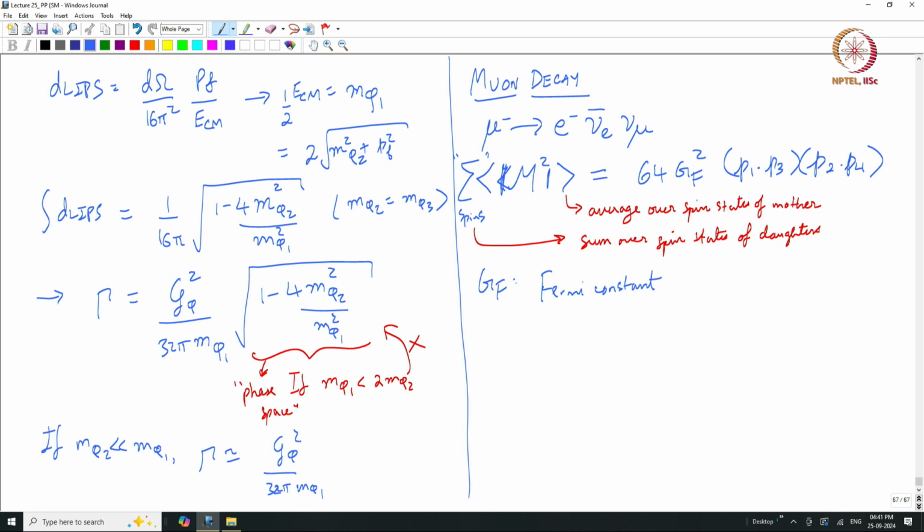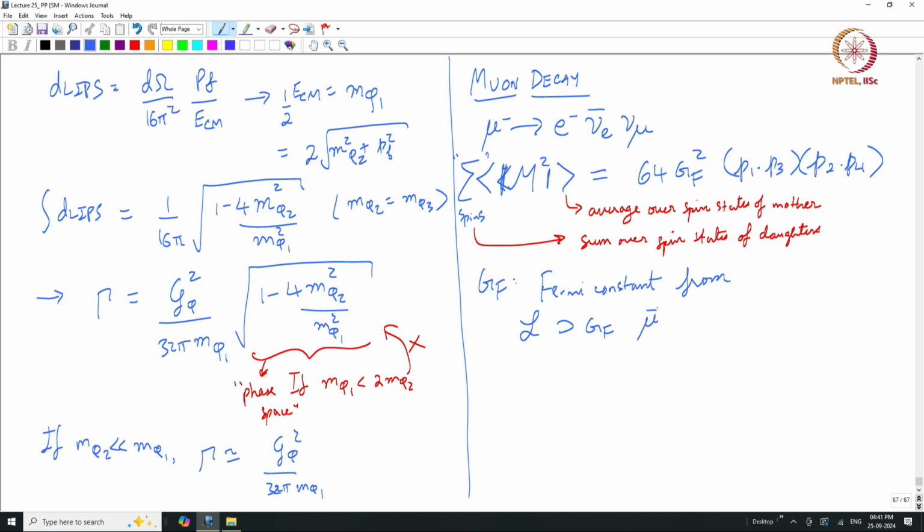That's the Fermi constant. Remember we saw this when we talked about neutrino oscillations, for example. That comes from the Lagrangian written this way.